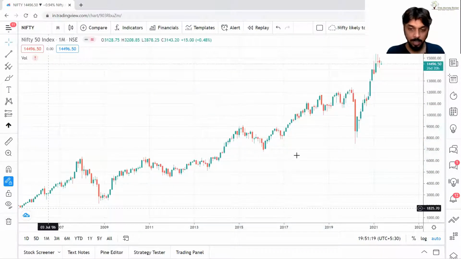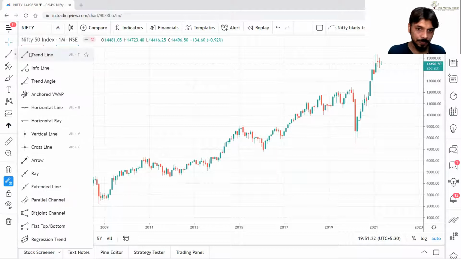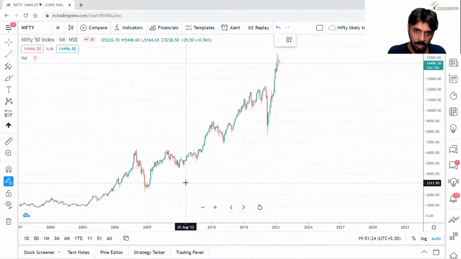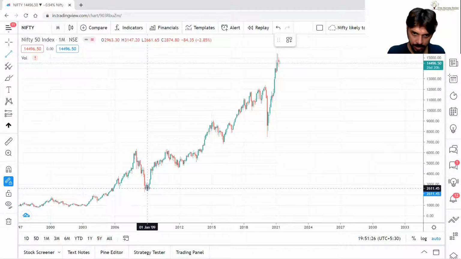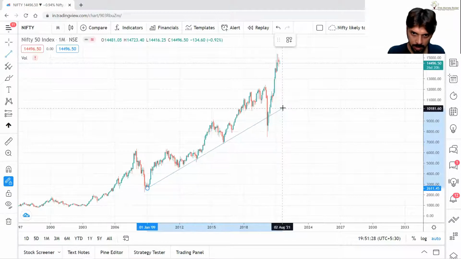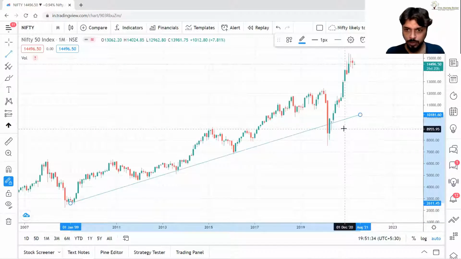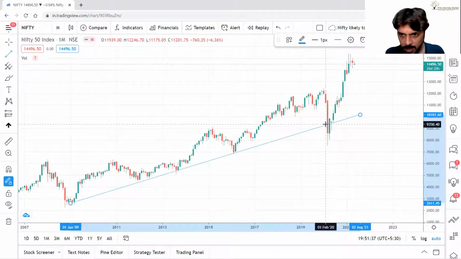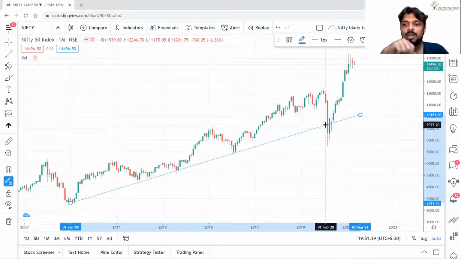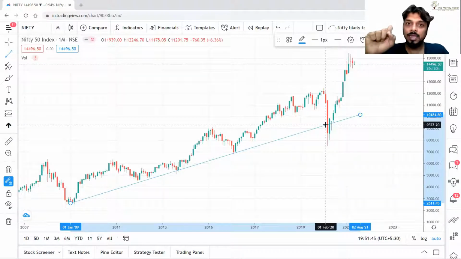Let's delete this log trend line and draw a different trend line over here. Now, if you see here, the break of trend line is at 9,300. In the log scale, you are getting the trend line break 1,000 points earlier.